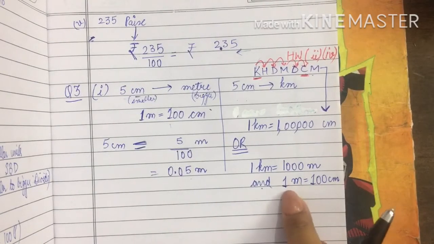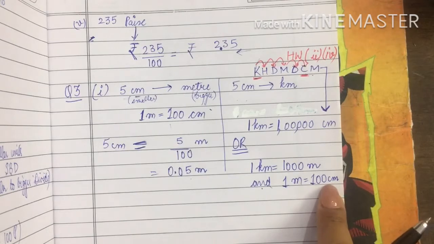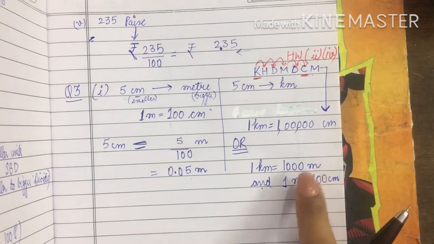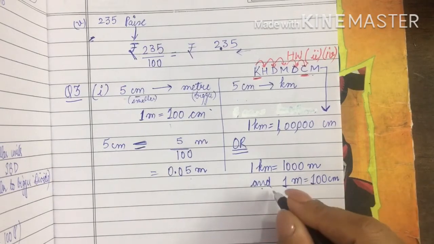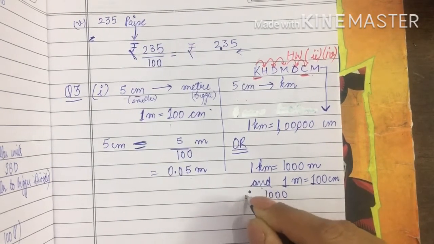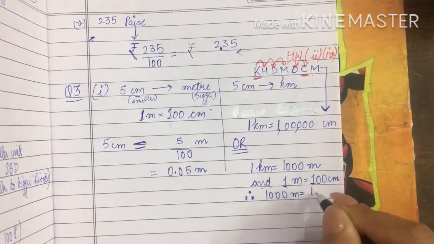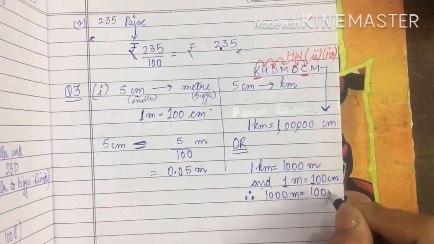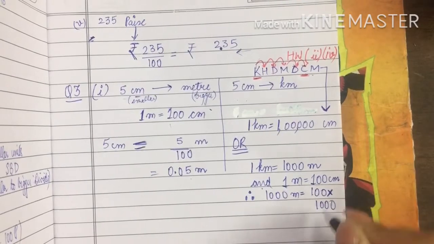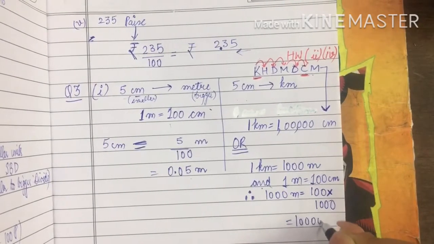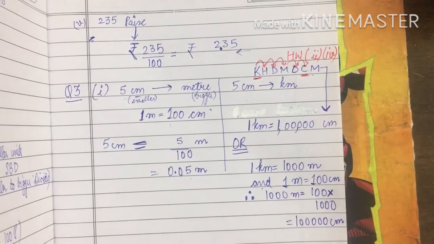Now if 1 meter has 100 centimeters, how many centimeters will be there in 1000 meters? So from 1 meter, let's go to 1000 meters. So 1000 meters means if 1 meter has 100 centimeters, for 1000 meters I will multiply. So this becomes 1 lakh centimeters.